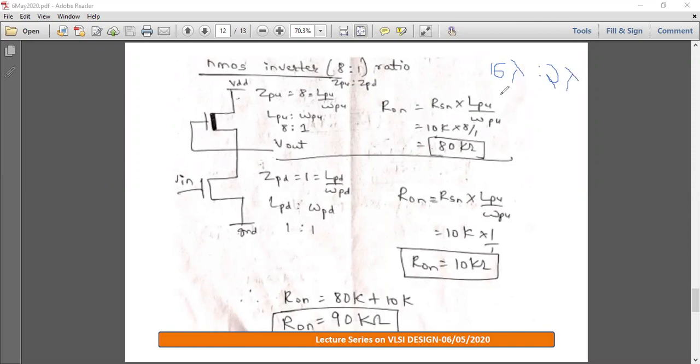So 16 lambda is to 2 lambda is nothing but 8:1. So either the ratio will be given in terms of integers or in terms of lambda value. So this lambda has to be reduced to an integer value and then compute resistance for pull-up, resistance for pull-down, and the total resistance will be addition of pull-up plus pull-down.